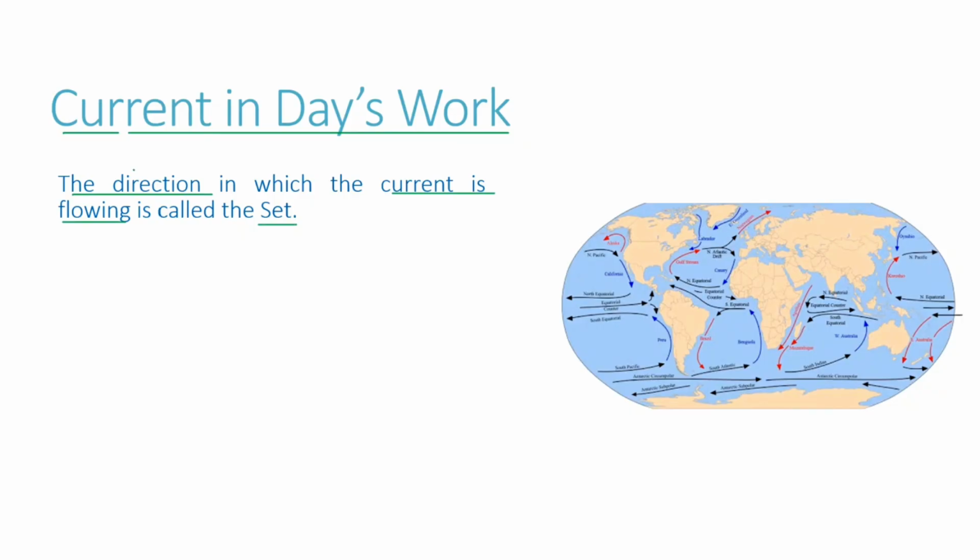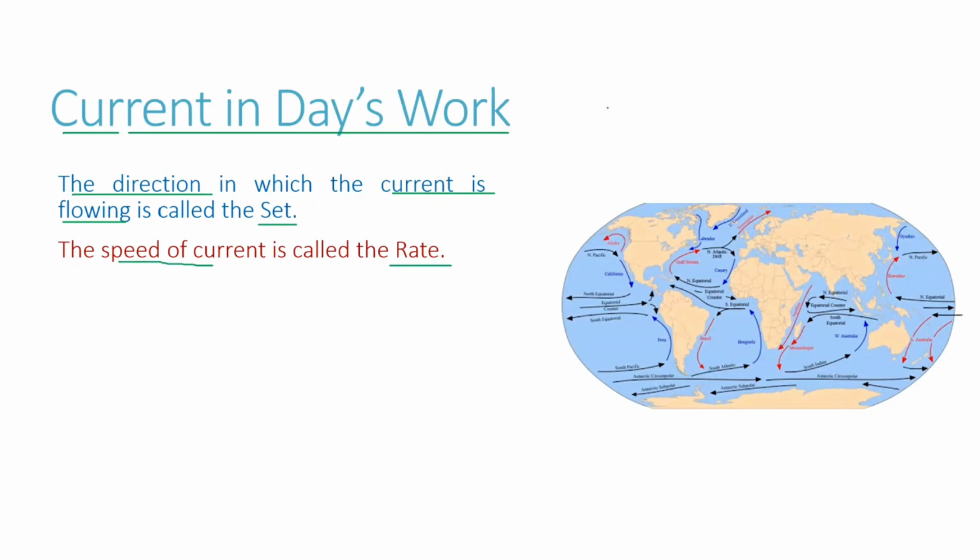It is not called the course, and it is not called the direction in which the current is going. It is called the set of the current. So in any question, if they use the word set, it basically tells you the direction in which the current is flowing.